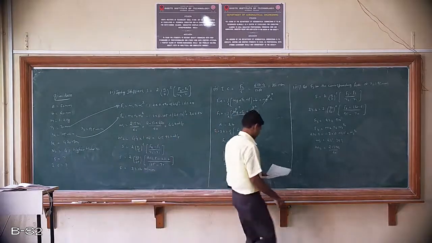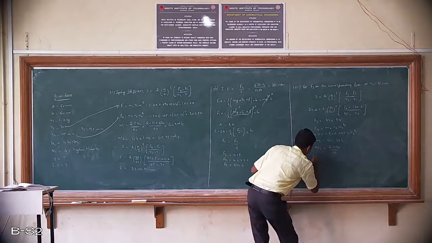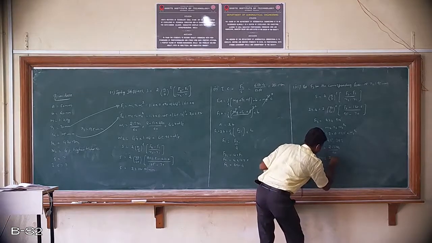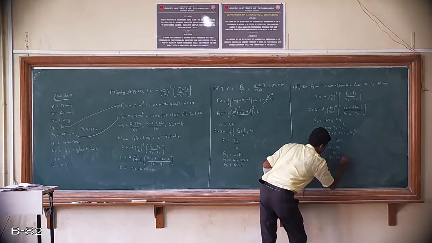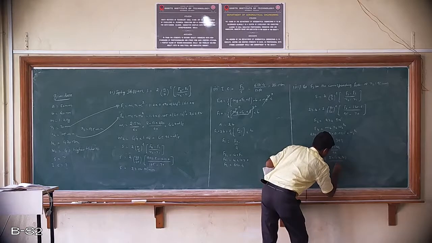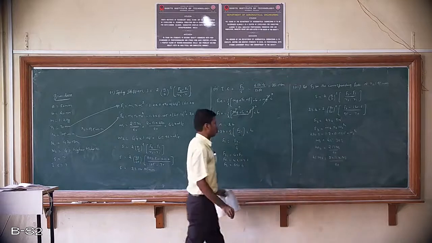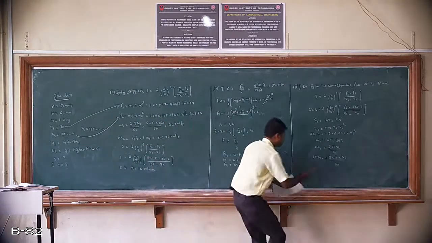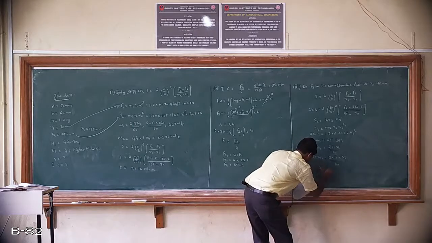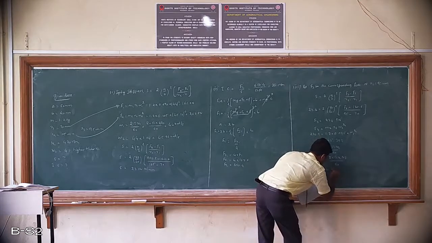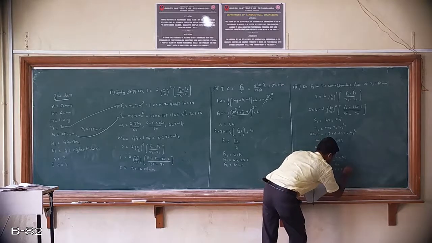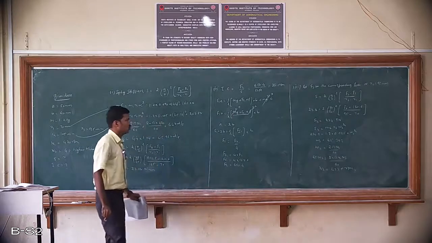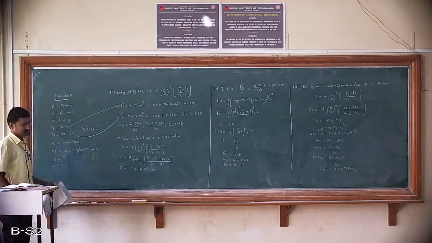So omega 3 value is known, that is 45.393, which is equal to 2 into pi constant into N3, which I need to calculate, divided by 60. All the terms are known, only N3 is unknown. So calculating the value, N3 is 433.5 RPM. So this completes problem number 2 on Hartnell governor.